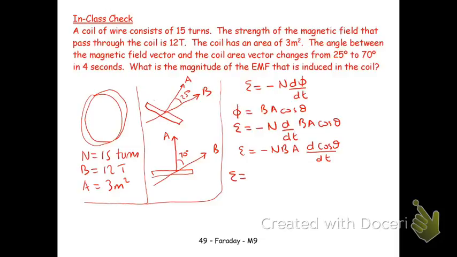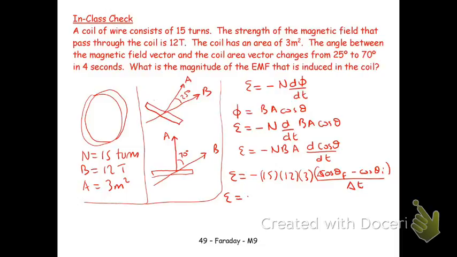So my E is equal to minus 15 times 12 times 3 times delta. So let's put it down as cos theta final minus cos theta initial over delta t.